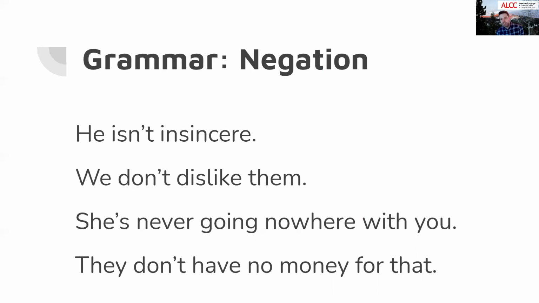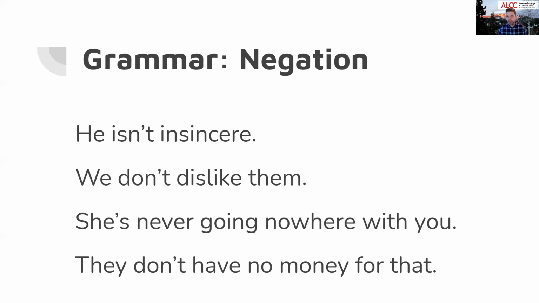So here are some sentences that have negation. Our first two: he isn't insincere, and we don't dislike him. Both of these could be considered standard American English. And the meaning behind them is actually a compounding negation, right? The first one means he is sincere, okay?